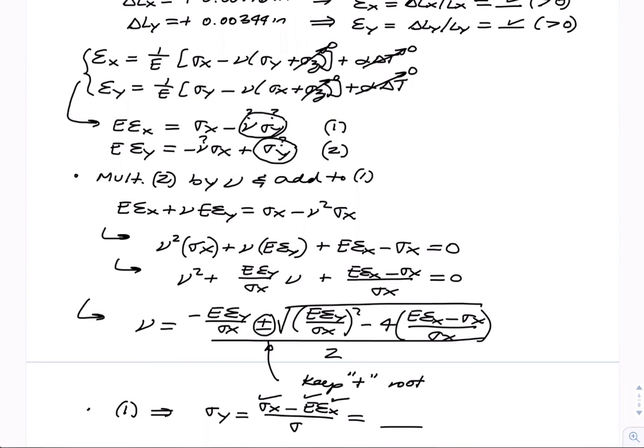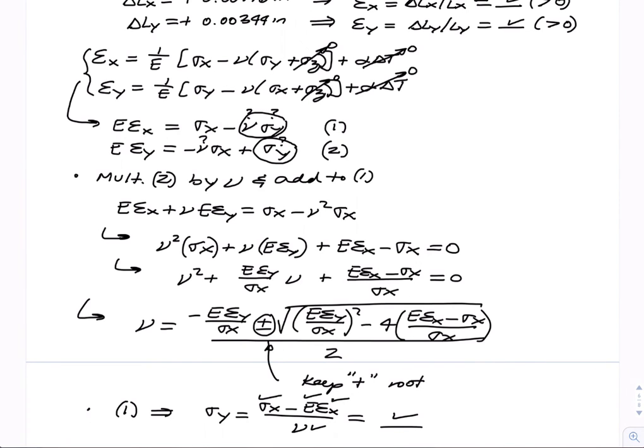I think I wrote that down wrong. From equation 1, it should be divided by nu, which we just found. Sorry.